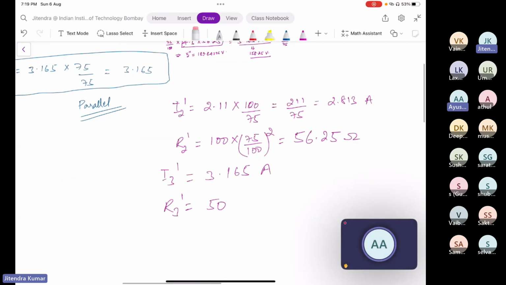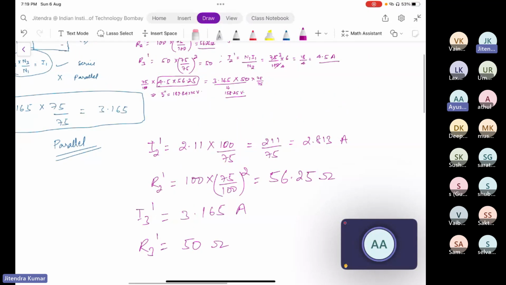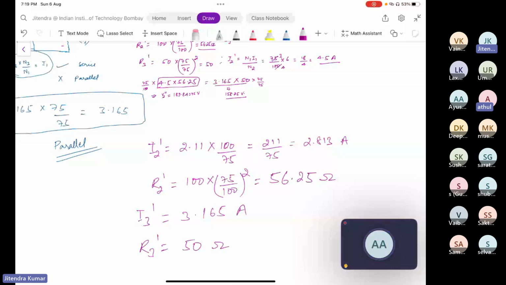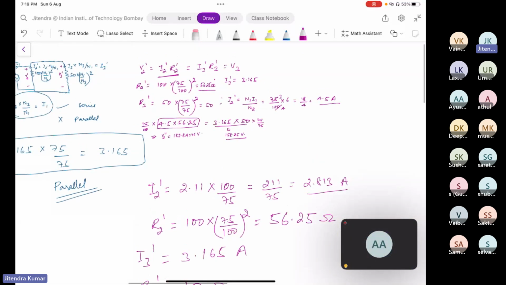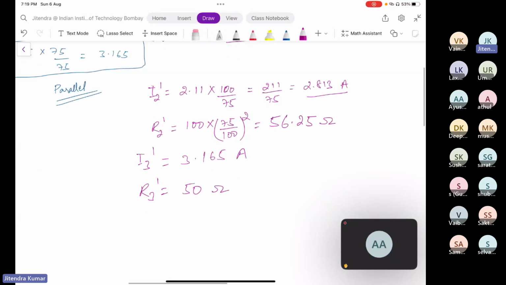Now we will multiply with the above equation and the below equation. I think the mismatch of I2 dash has happened because after I2 dash, I wrote 4.5. So I3 dash, after this, how much is it coming?